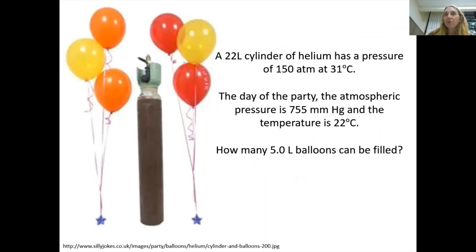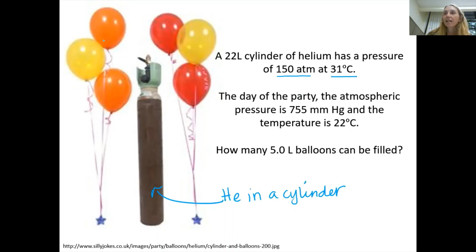So I want to go through an example. This example says a 22-liter cylinder of helium. So in this cylinder right here is helium gas, and it has a pressure of 150 atm. This is a huge pressure, at 31 degrees Celsius. Okay, so we have helium in a cylinder. Well, we're going to have a party.